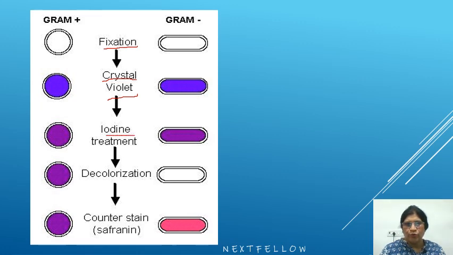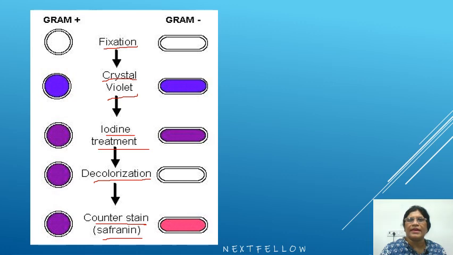After that, we have to give the iodine treatment, and after the iodine treatment, what we do is the decolorization. When we do the decolorization, in the gram-positive bacteria, decolorization doesn't occur, whereas in the gram-negative bacteria, as the cell walls are very thin, it is very easy to decolorize them, and then after decolorization, counter stain safranin is added and safranin will stain pink.